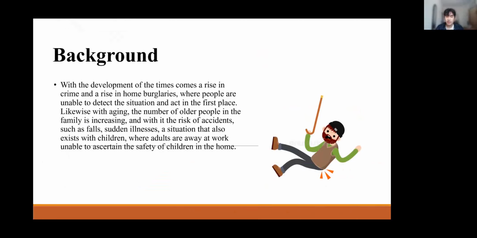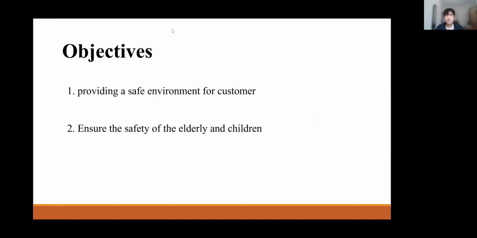Likewise, with aging, the number of older people in the family is increasing, and with it, the risk of accidents such as falls and sudden illnesses, a situation that also exists with children, while adults are away at work, unable to make sure of the safety of children in the home.